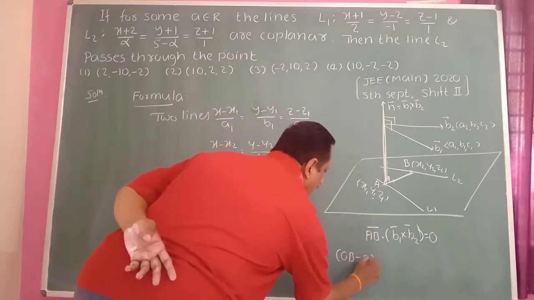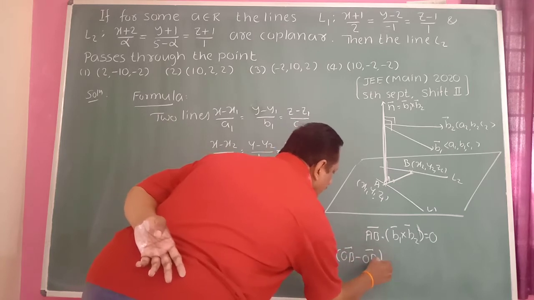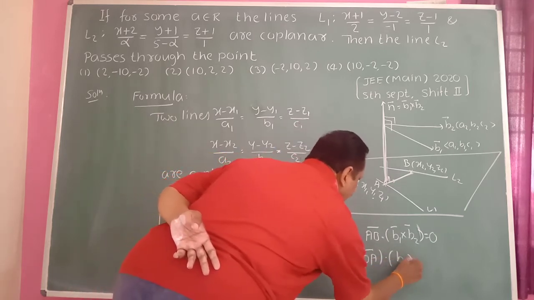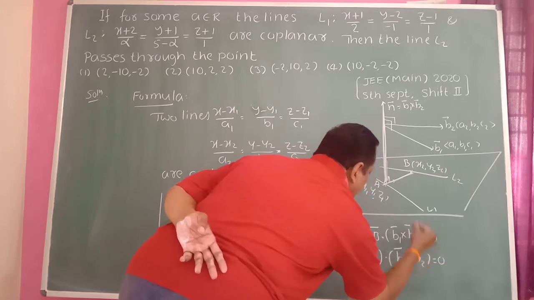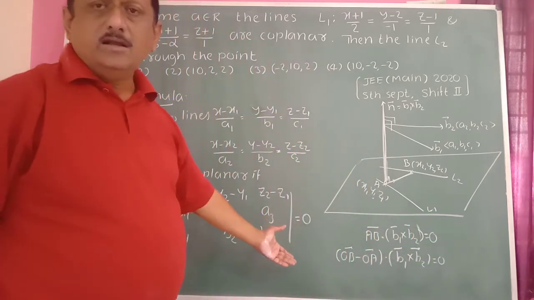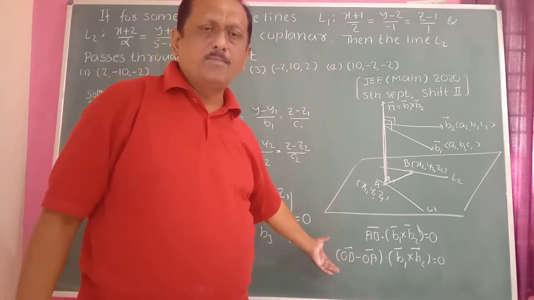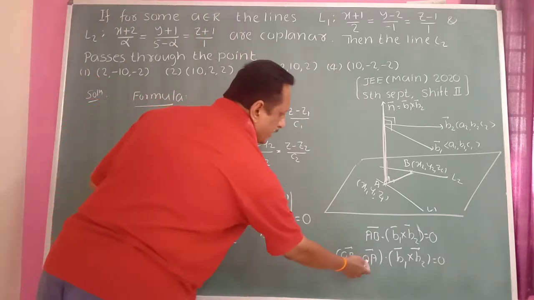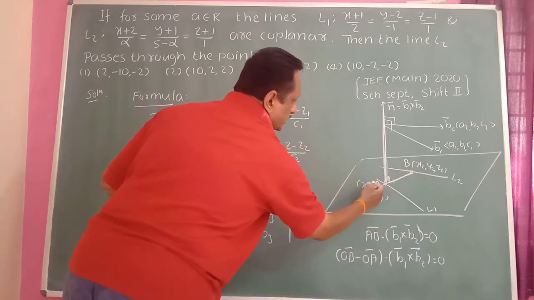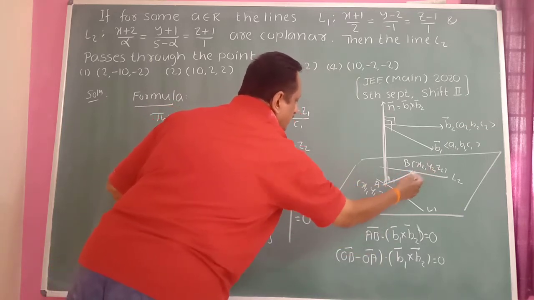(OB minus OA) dot (b1 cross b2) is equal to 0. Then obviously this is a scalar triple product. OB minus OA means x2 minus x1, y2 minus y1, z2 minus z1.